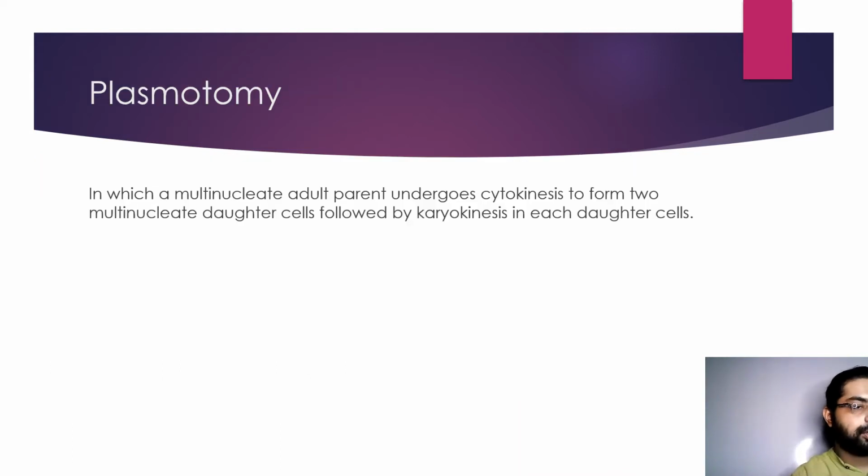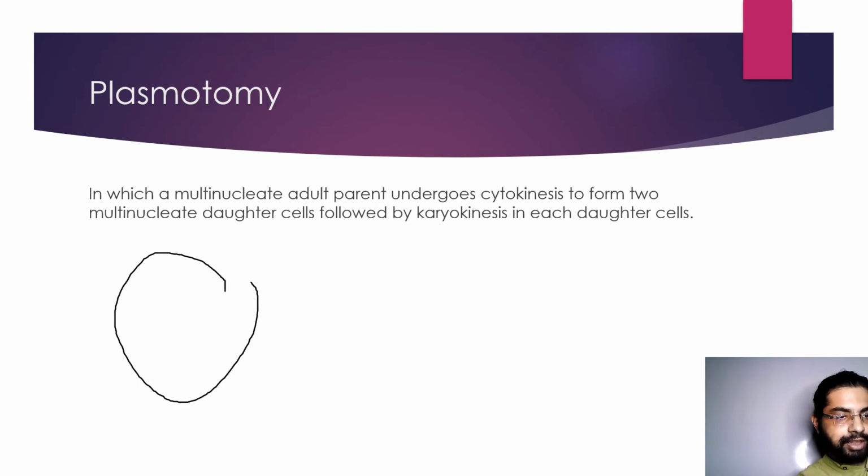Now plasmotomy, this is a special type of binary fission. Here cytokinesis happens first, then karyokinesis. Usually karyokinesis happens first, then cytokinesis, but as it is a special type of binary fission, cytokinesis happens first. Plasmotomy is one in which a multinucleate adult parent undergoes cytokinesis to form two multinucleate daughter cells.